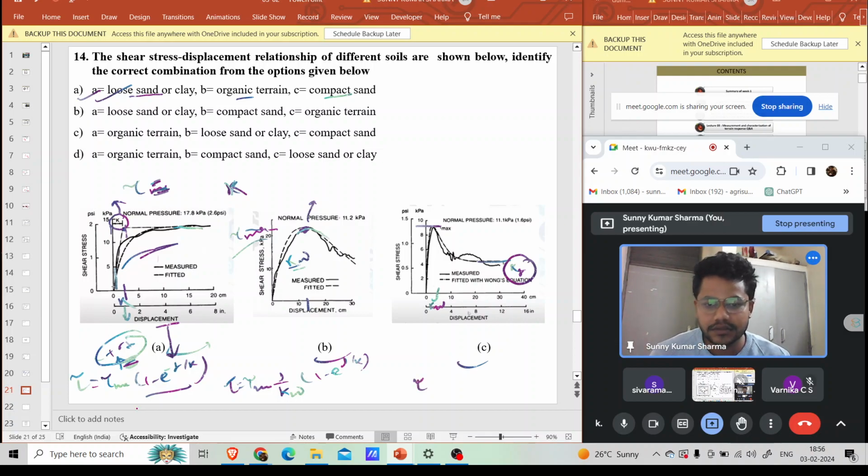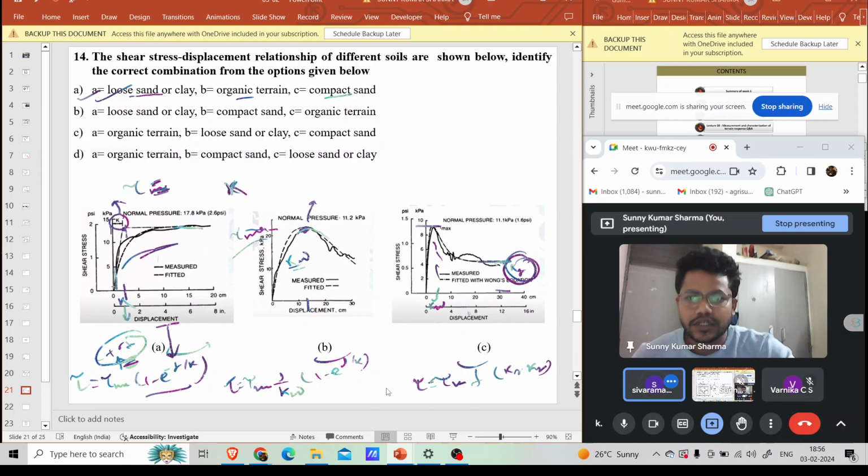And in this case, tau is equal to tau max into some function of suppose Kr and Kw. Kr is this value, where it is getting constant, and Kw is the value where tau max is getting maximum.